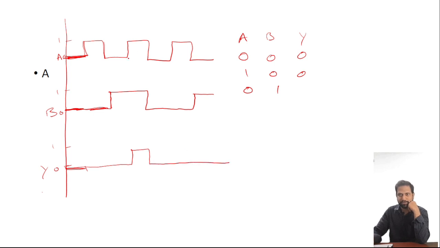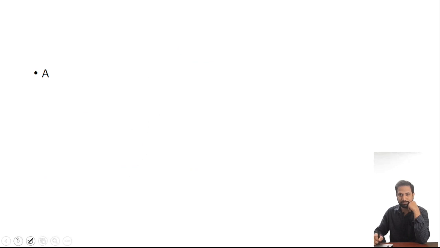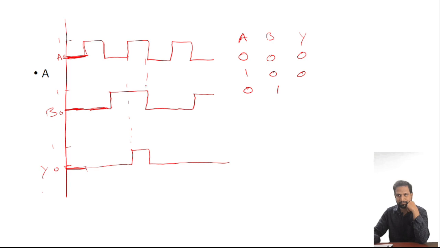At the instant when both are high, the output is high. A is 0, B is 1, but the output is low. Now as soon as A is high and B is also high, the output is high, 1, 1, 1.